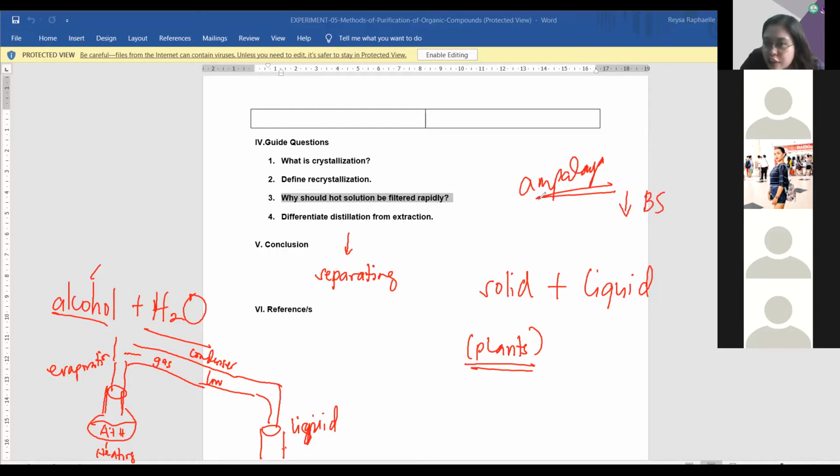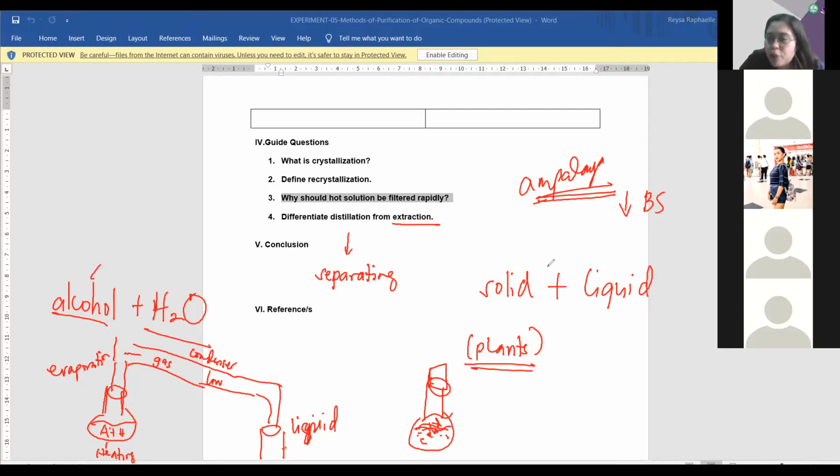So kung gusto natin kunin yung chemical from the ampalaya, we do extraction. Anong ginagawa sa kanya? Yung ampalaya, nilalagay siya sa solvent. So solid na ampalaya, ilalagay mo siya dito sa solvent. And then pababayaan mo lang siya after some time, pero syempre dapat may takip yan para hindi mag-evaporate yung solvent mo. And then dapat ang solvent na gagamitin dito is suitable na nakaka-dissolve talaga siya, no, chemical na nasa ampalaya.